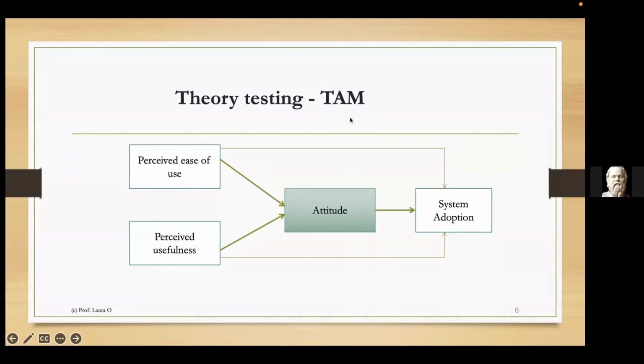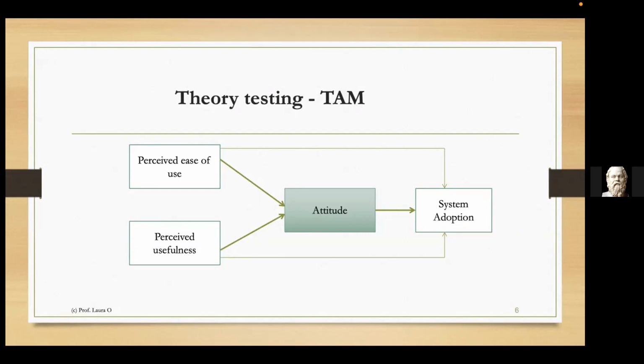And when you read that theory, you'll see the what, the how, the why of the theory behind technology acceptance, okay? So if you say, I am going to use the technology acceptance model, we expect to see something like that.